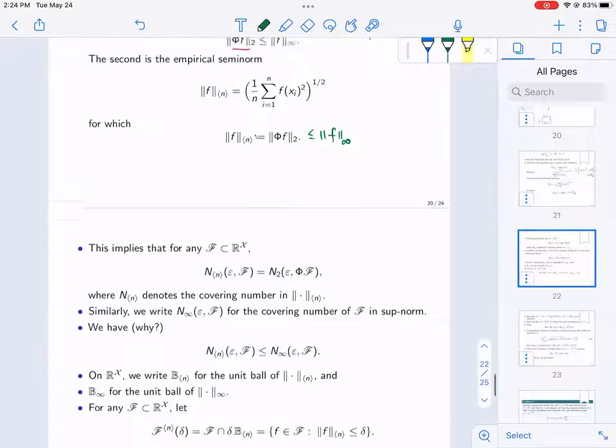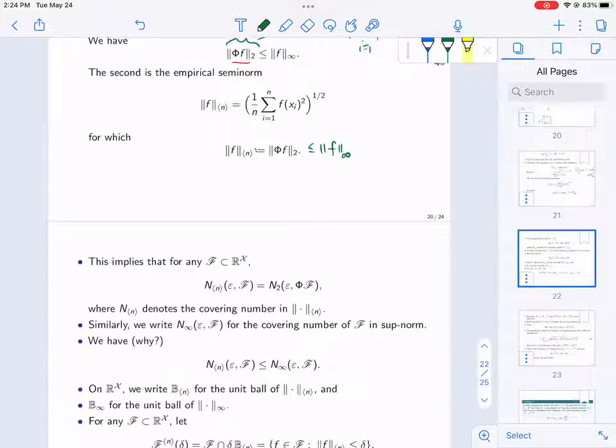look a little bit at this relation, if I compute the covering number of the class of functions f in the empirical norm, it's equivalent to looking at the covering number of phi of f in the L2 norm in R^n.